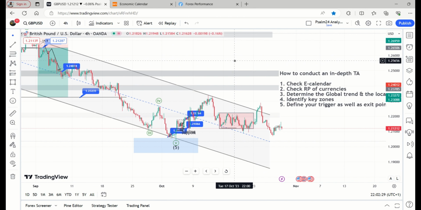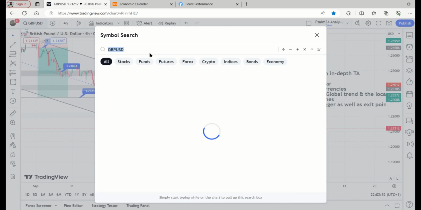Like I told you, the Bank of Japan has been dovish for quite some time. So having an understanding of that would help you to know that pair USD JPY will continue to appreciate in value. So you just keep buying that pair. Let's take a look at the pair.